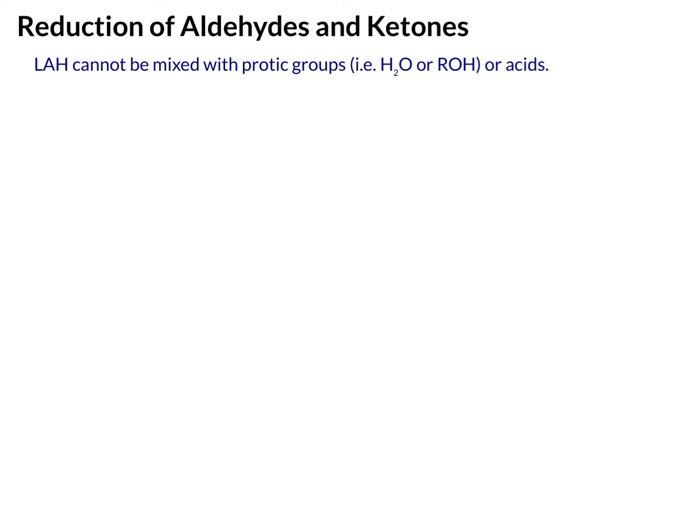Let me show you what happens if you try to mix LAH with a proton source. Here's a case of lithium aluminum hydride and water. The hydride on the LAH is so reactive, it'll take its 2 electrons and come over and take a proton from water.